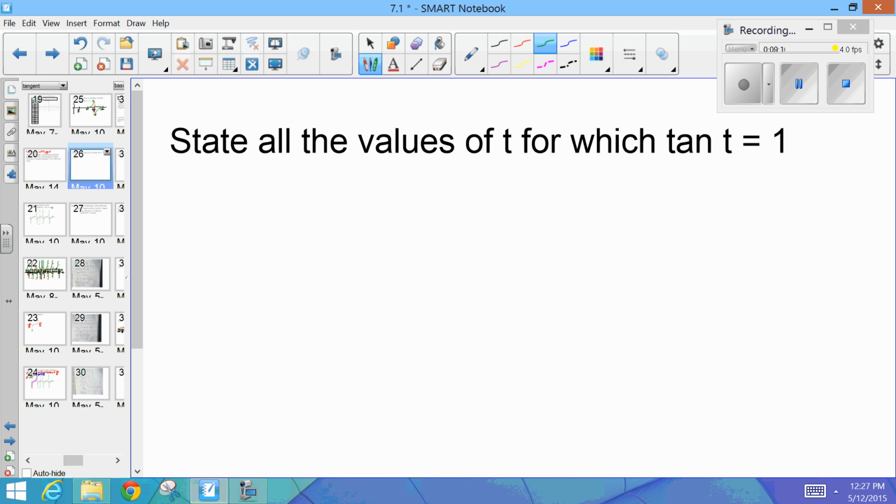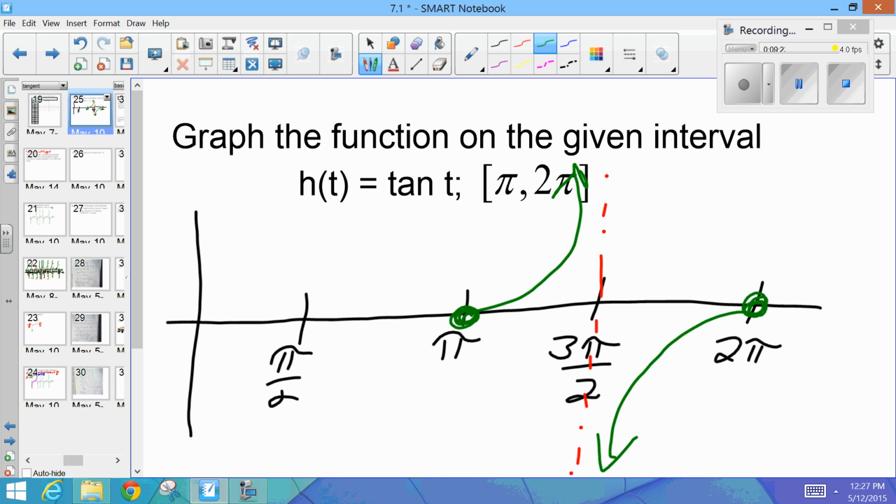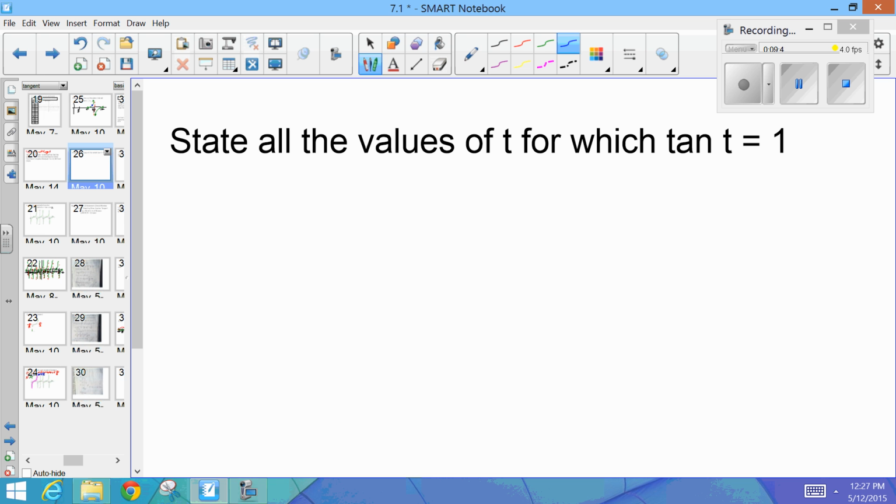All right, state all of the values of t for which tangent equals 1. So it's a positive 1. Let me just draw someplace on the graph where it might be. There's only one place per cycle. You know what? Never mind. I'm going to draw this graph near 0.